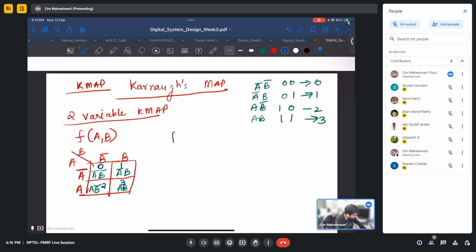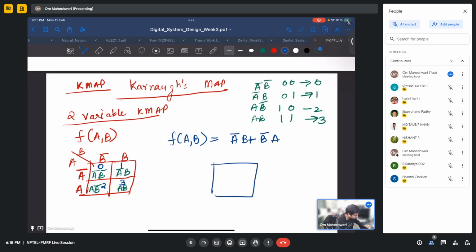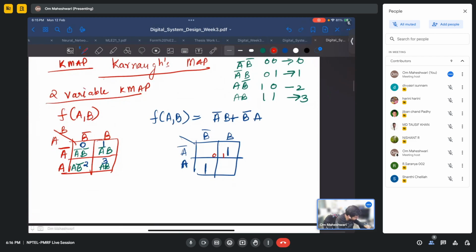Let's say the function is f of a comma b is a bar b plus b bar a. So the K-map would be: a bar, this is a, b bar, this is b. The function is a bar b plus b bar a. A bar b is this and b bar a is this. So this was 0, 1, 2 and 3.